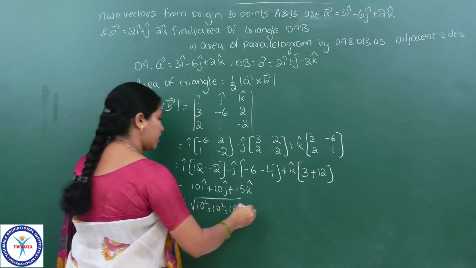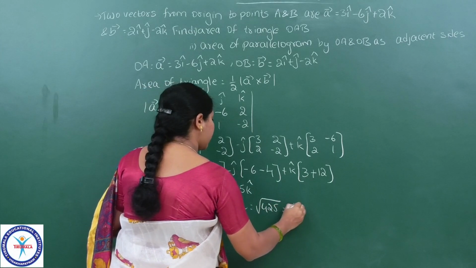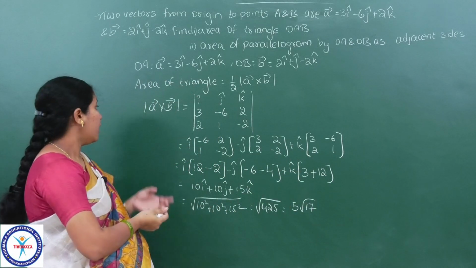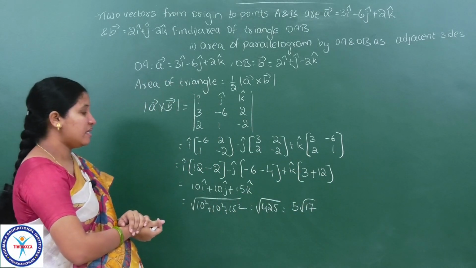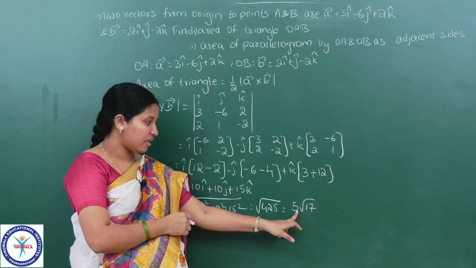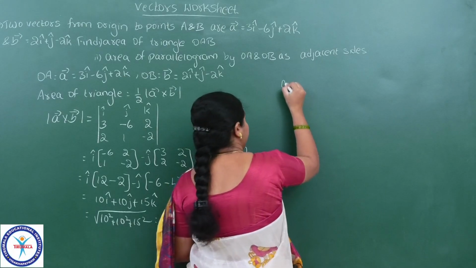On solving this we get square root of 425, which is given by 5 root 17. So magnitude of a bar cross b bar is given by 5 root 17. Now let us find area of triangle.